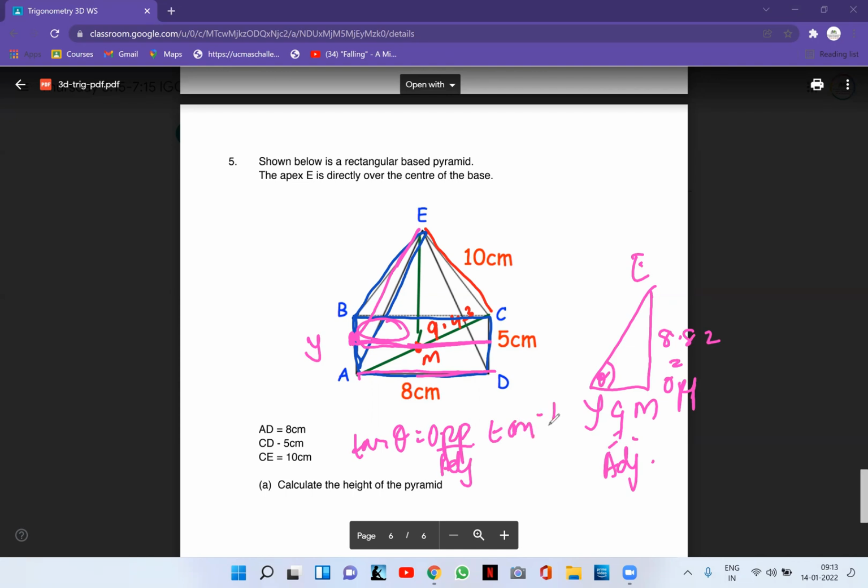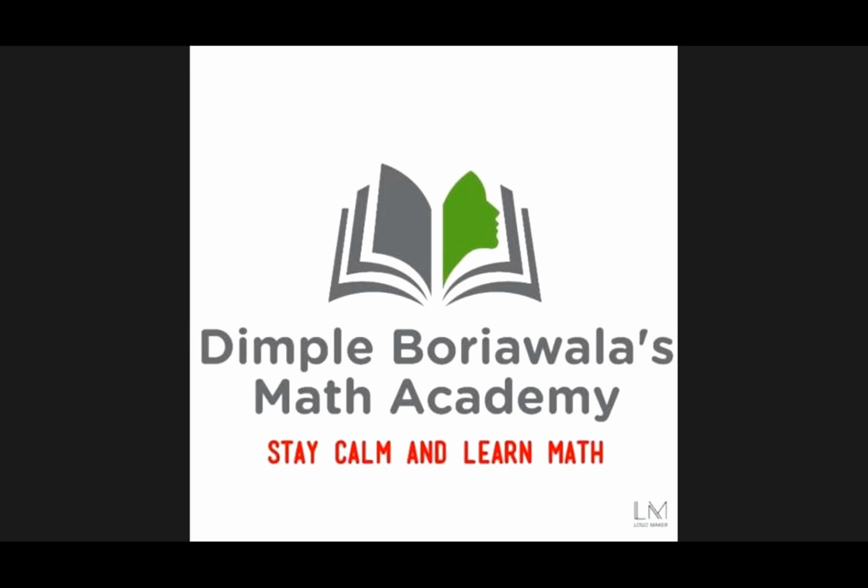Opposite over adjacent is 8.82 over 4, then tan inverse. So theta is 65.61. That is what they have asked. It is just about sketching your shape properly and then doing this topic. Just be very attentive while doing this and it is sorted.